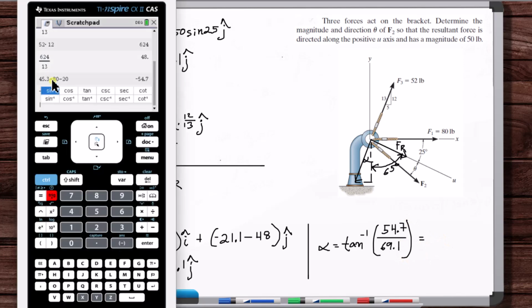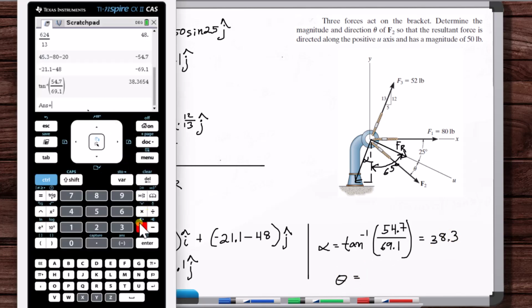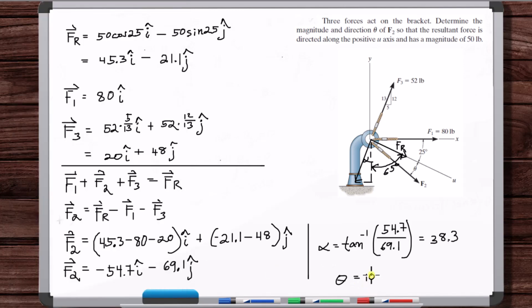So we've got 38.3. Now just add 65 to that, and we get theta: 103.4. Okay.